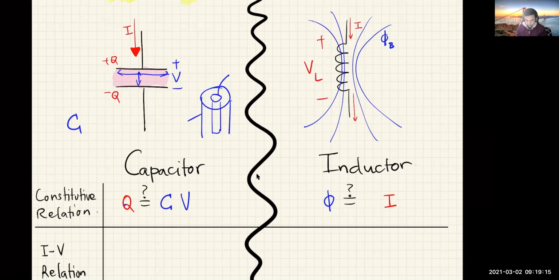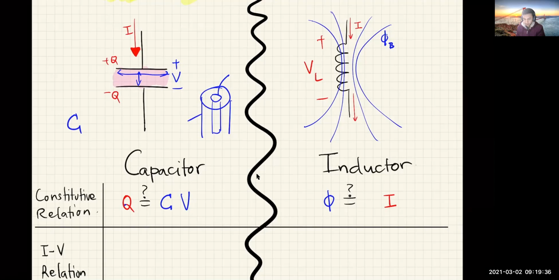So it says that for every 1 coulomb of charge accumulated on the plates, you will get C volts of voltage appear across the two plates.